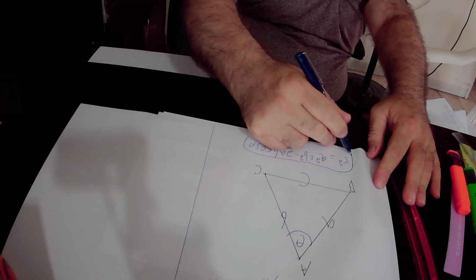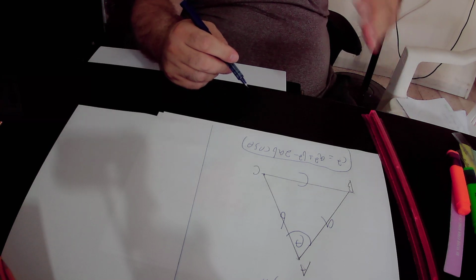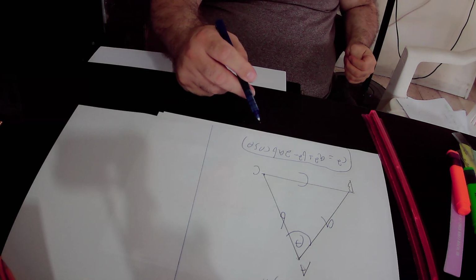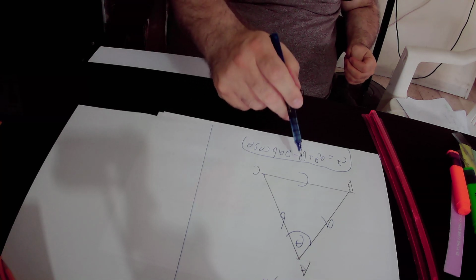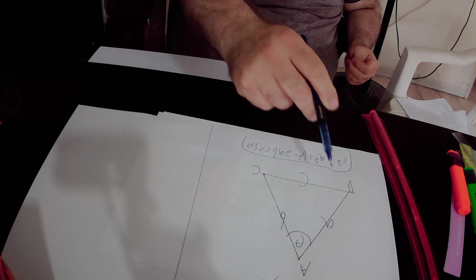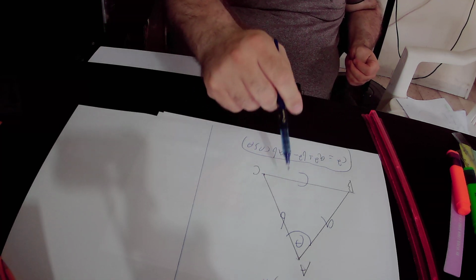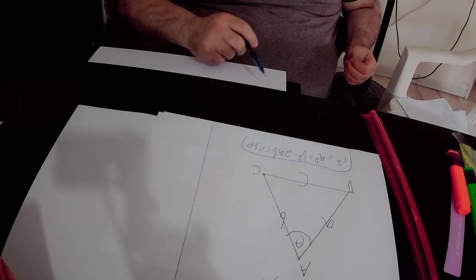I will repeat again. In any triangle ABC, the following equation is true: C squared equals A squared plus B squared minus 2 times A times B times cosine theta.